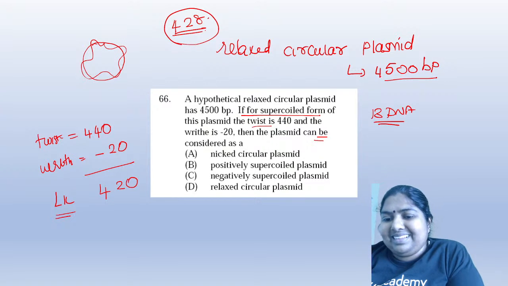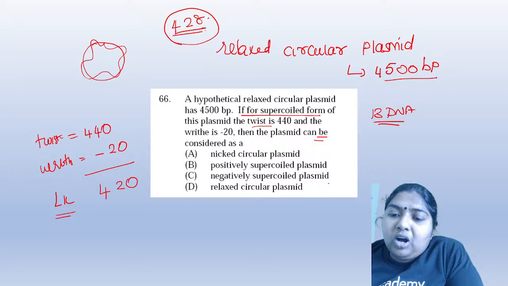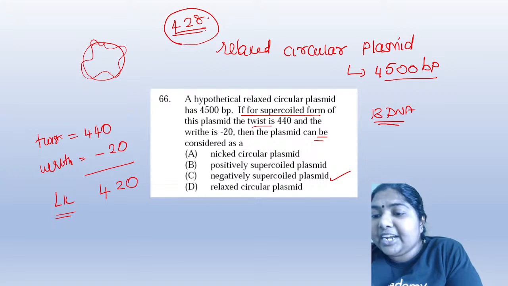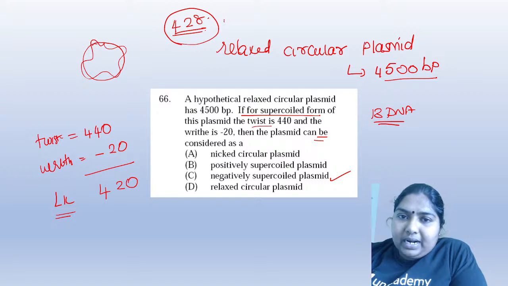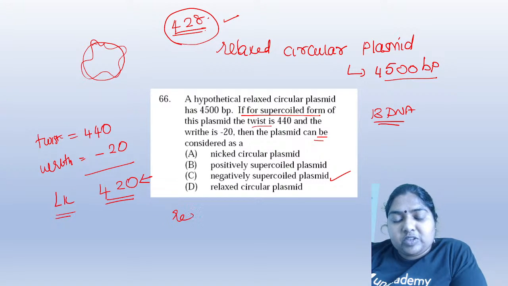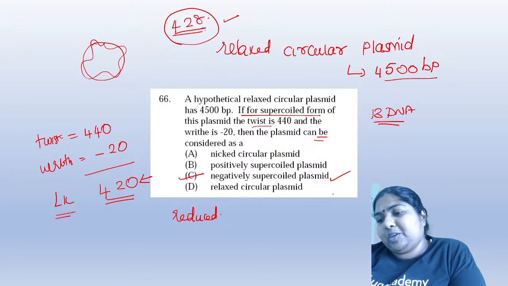Absolutely it is below my expectation. So it should be negatively supercoiled. Instead of being 428, it is only 420. That means it has reduced, so it is negatively supercoiled.